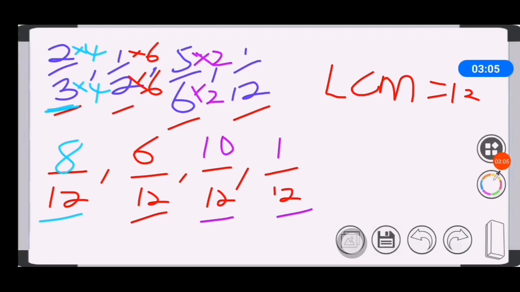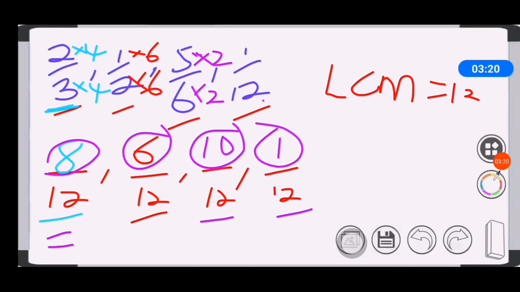So our next step, we are going to arrange the original numbers, 2 over 3, 1 over 2, 5 over 6, and 1 over 12, based on the new numerators that we got. The question said ascending order, from the smallest to the biggest. Among the new numerators, which one is the smallest? It's 1, right? So the fraction which corresponds to the 1 is the smallest fraction.